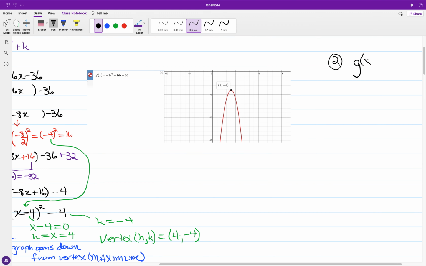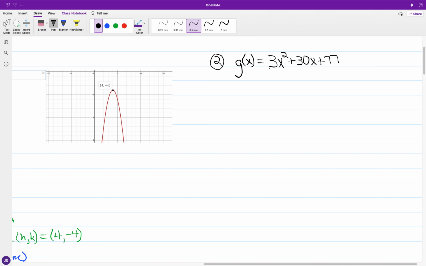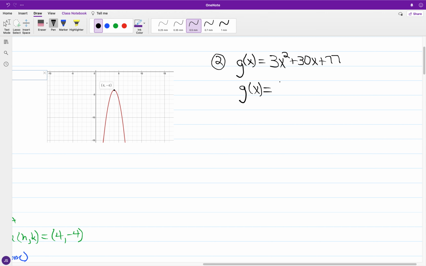We have yet another standard form, so we have g of x is equal to 3x squared plus 30x plus 77. Again, the layout is in standard form, so I'm going to write this and convert to vertex form. So if I look at separating the variable terms, you have 3x squared plus 30x, separated from 77.